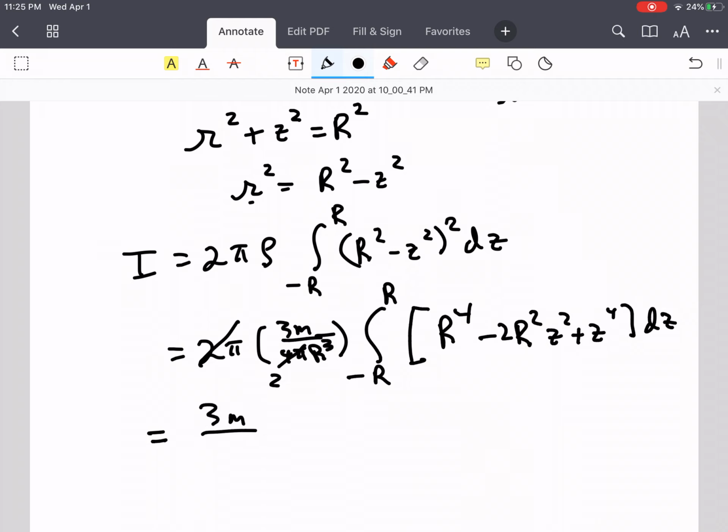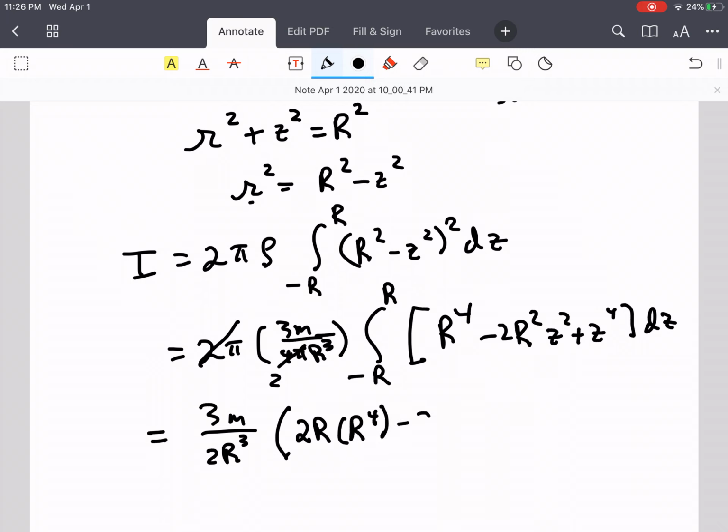That's 3m over 2R cubed times the integral from negative R to capital R of, actually I don't need to write that out. Let's just go ahead and do that. The integral of capital R to the fourth dz is just R to the fourth times z. Z is 2 times capital R because it's R minus negative R. So that's 2R times R to the fourth.